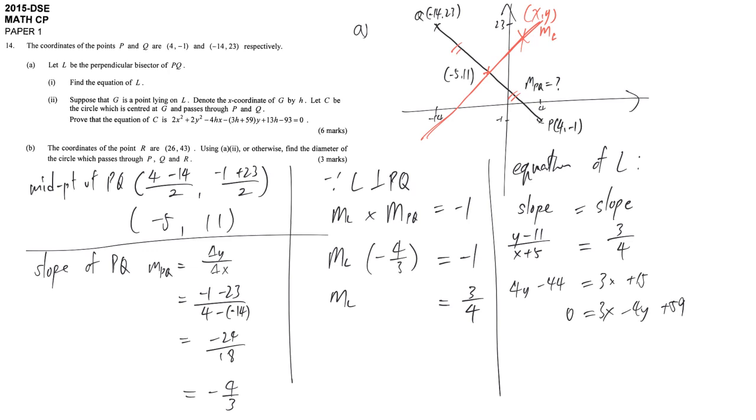That's the answer in part A, or you may change it to slope intercept form: y is equal to 3 over 4 x plus 59 over 4. No matter whether you write in standard form or slope intercept form, both will give you full marks here. But I think the slope intercept form is easier to handle in part B.